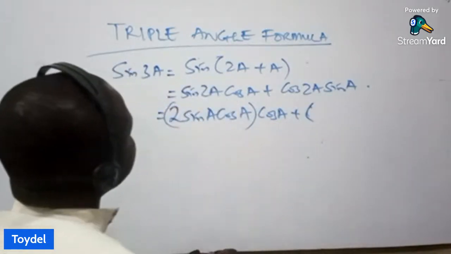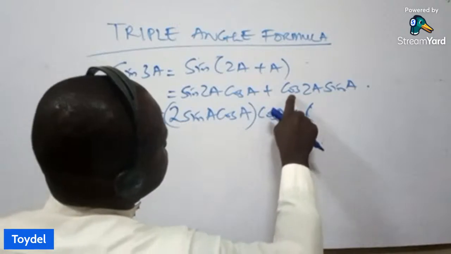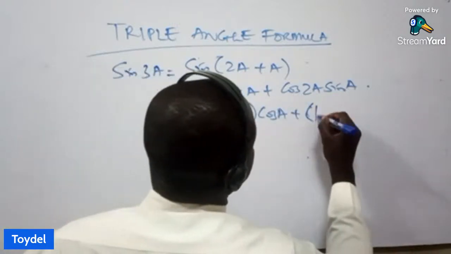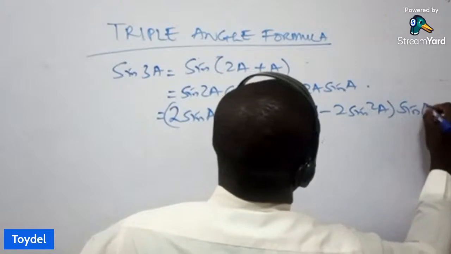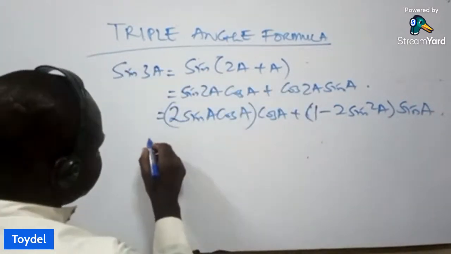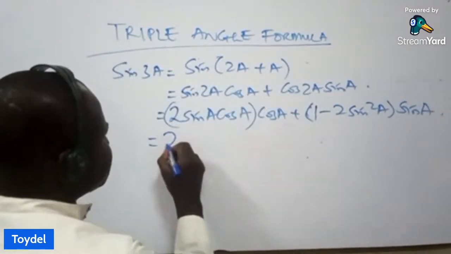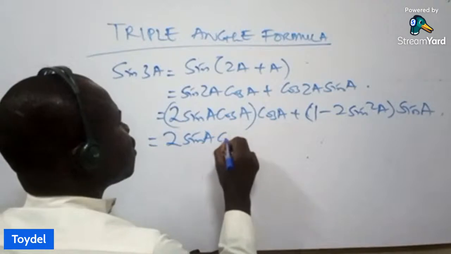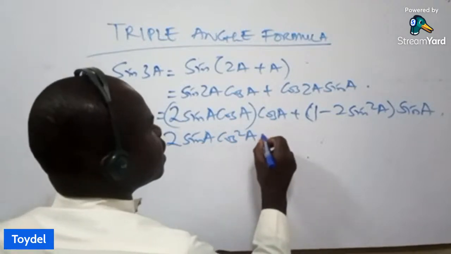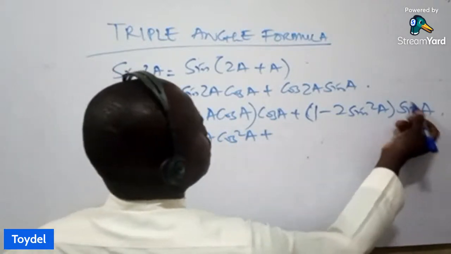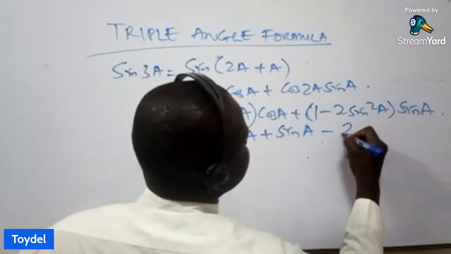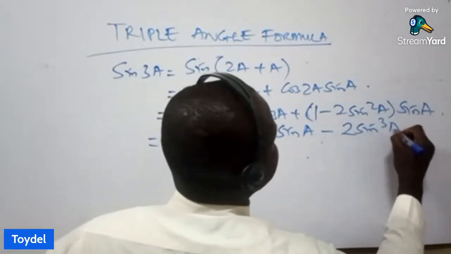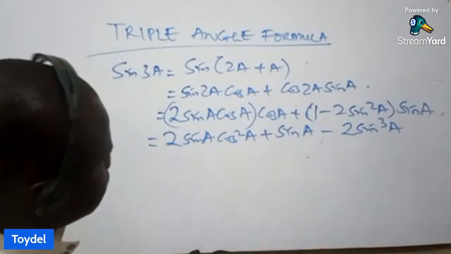Let's write cos 2A in form of sine, that is 1 minus 2 sine square A, all multiplied by sine A. If we expand this, we are going to have 2 sine A cos square A plus sine A, then minus 2 sine cube A.